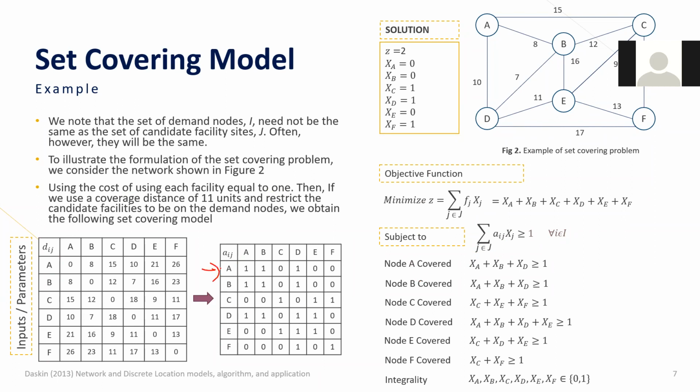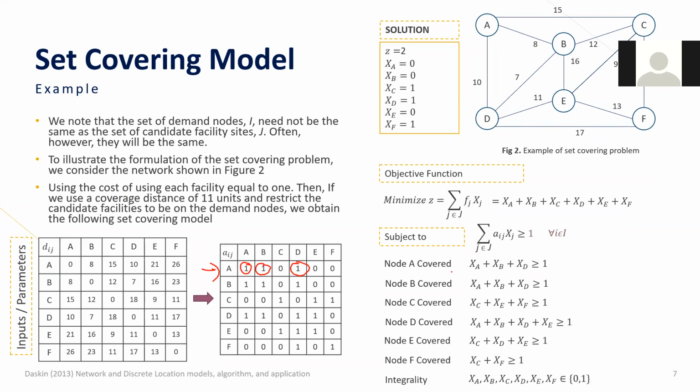You can use this adjacency matrix. So for node A, if A is the demand, it can be covered from A, B, and D. So xA plus xB plus xD greater than or equal to 1 to make sure node A is covered.